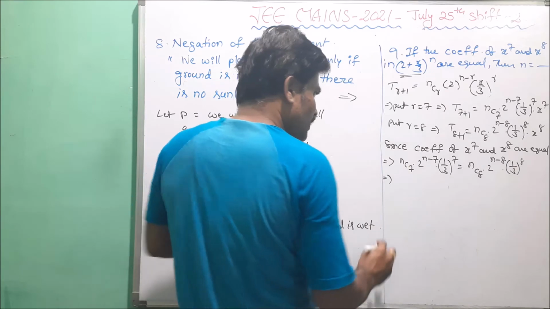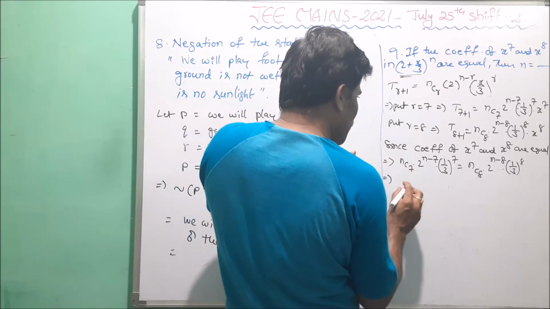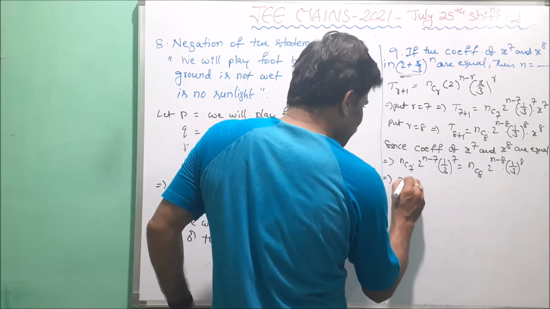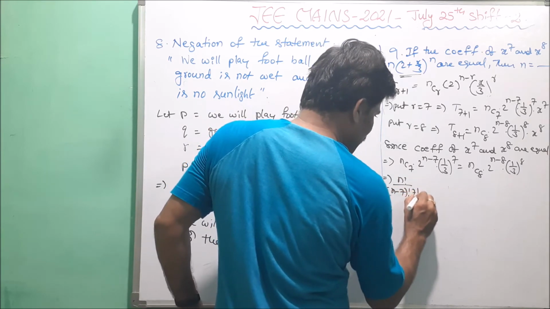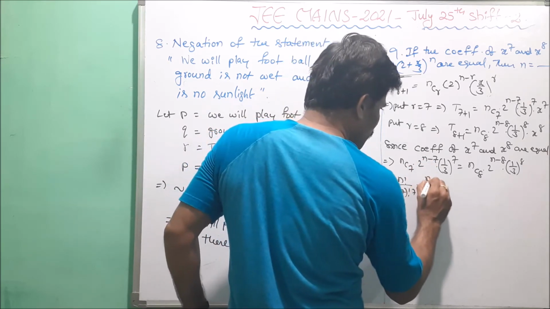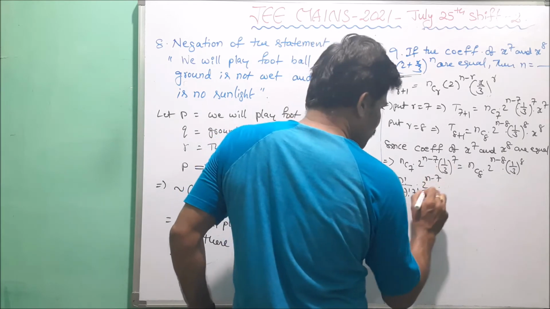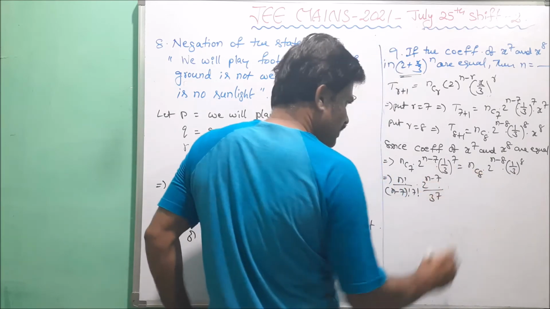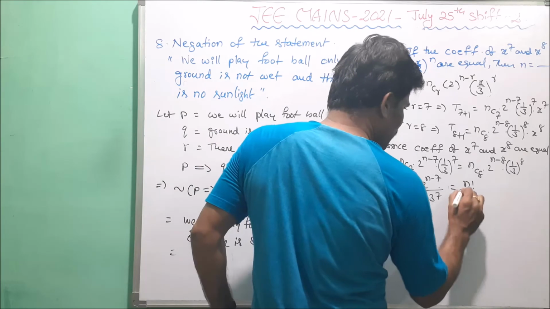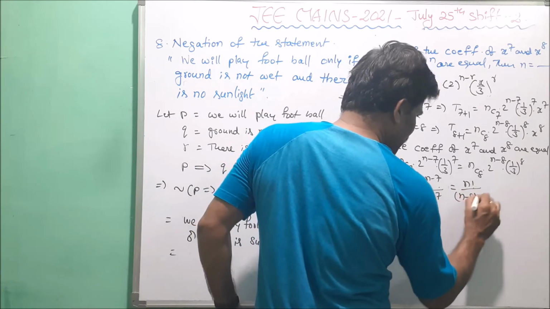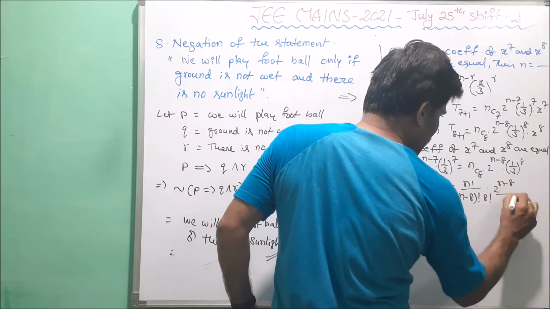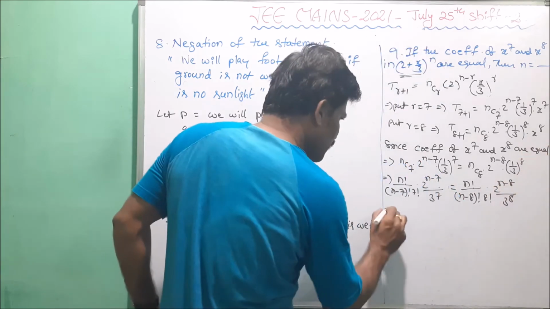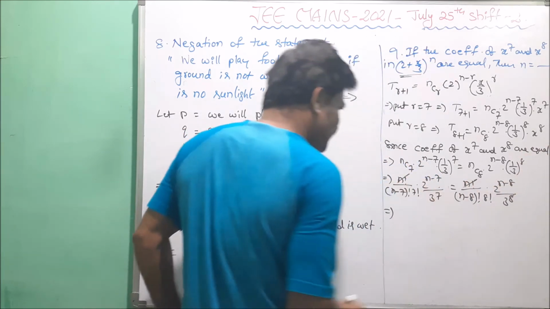First we write nC7 means n factorial by n minus 7 factorial into 7 factorial, into 2 power n minus 7 by 3 power 7, equals n factorial by n minus 8 factorial into 8 factorial into 2 power n minus 8 by 3 power 8. Now in that n factorial will be cancelled.